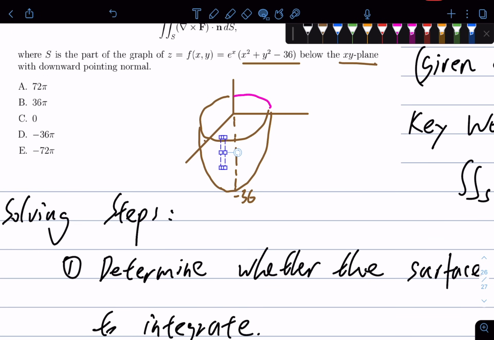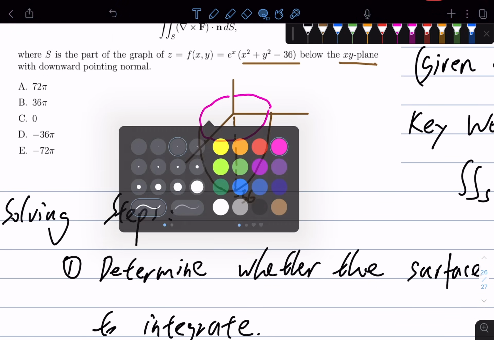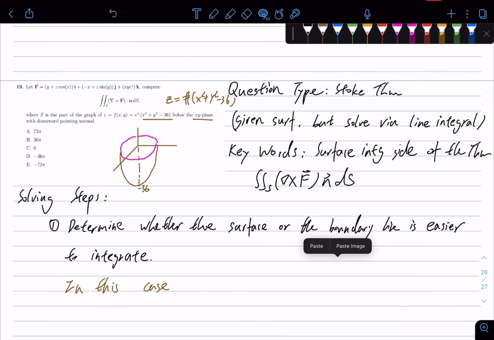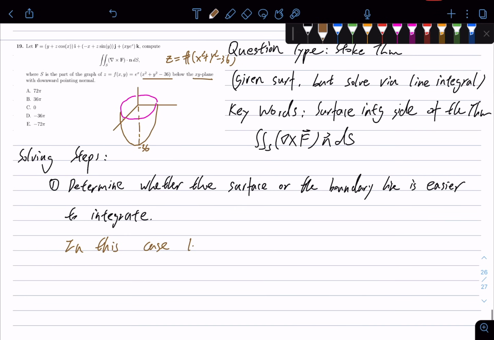I'm just going to highlight it for you. Two surface integrals, one line integral. You tell me which one is easier. Of course, the line integral is much easier.